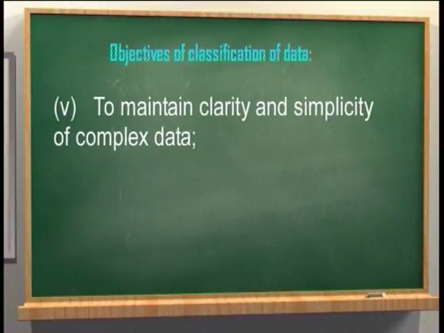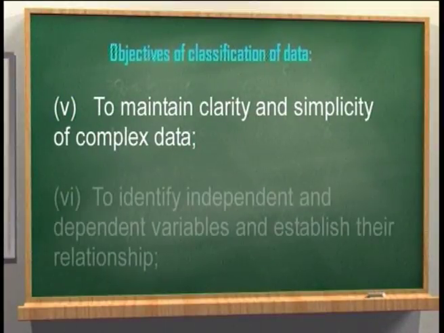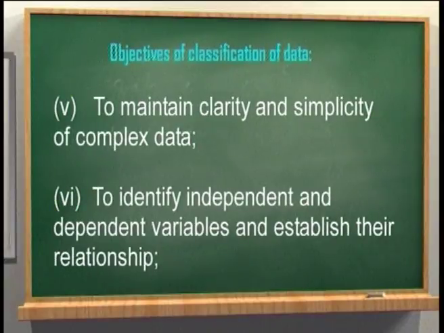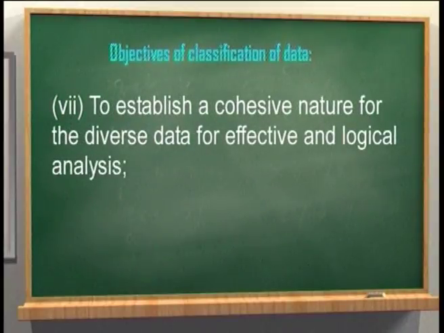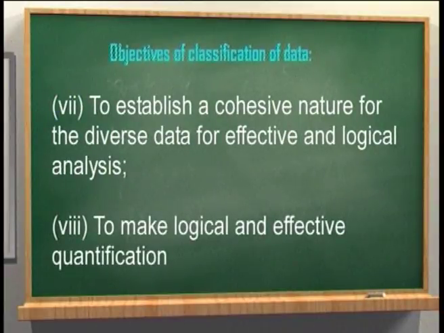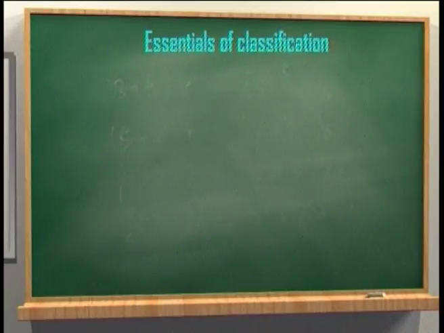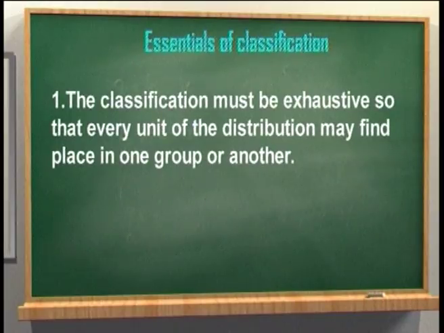To maintain clarity and simplicity of complex data. 6. To identify independent and dependent variables and establish their relationship. 7. To establish a cohesive nature of the diverse data for effective and logical analysis, and to make logical and effective quantification.